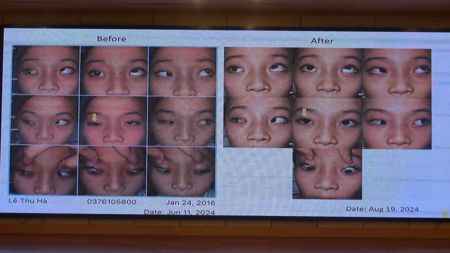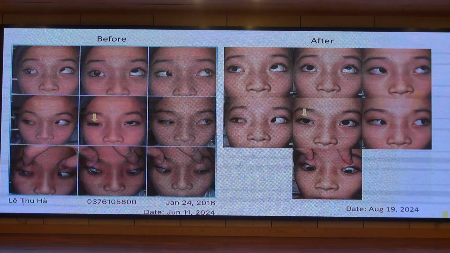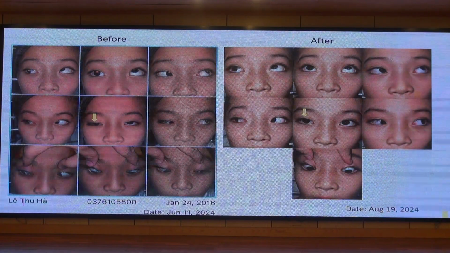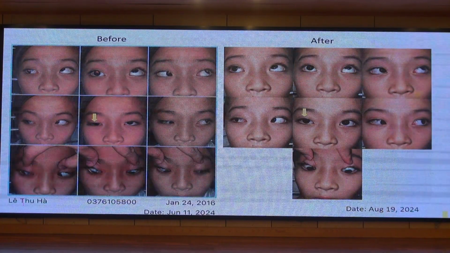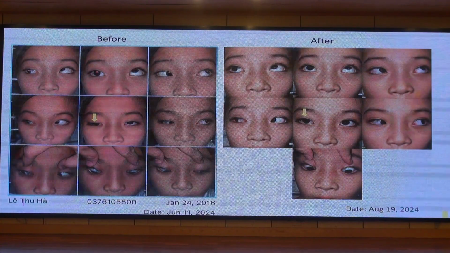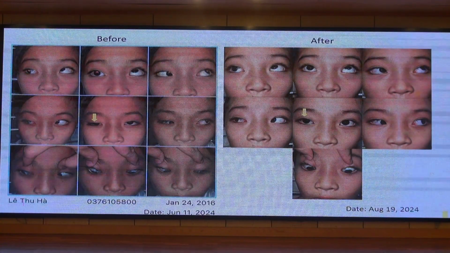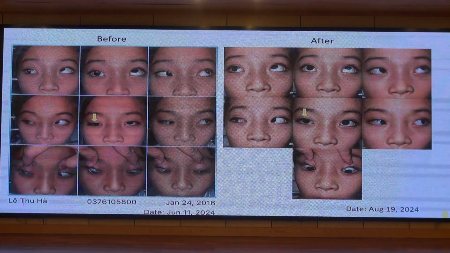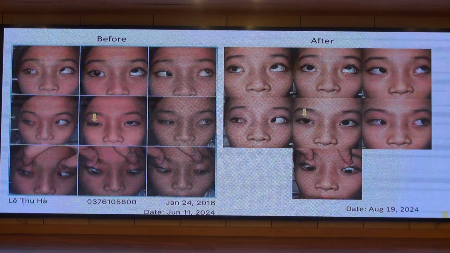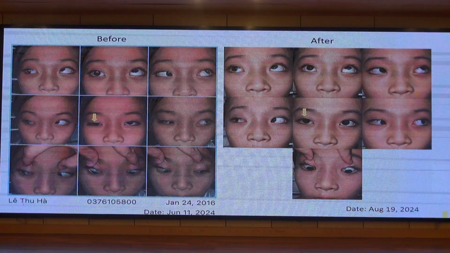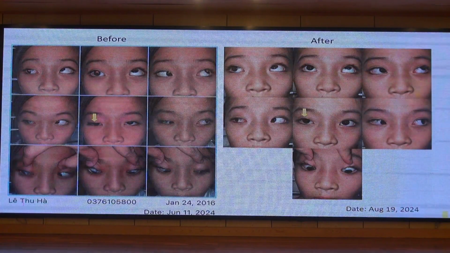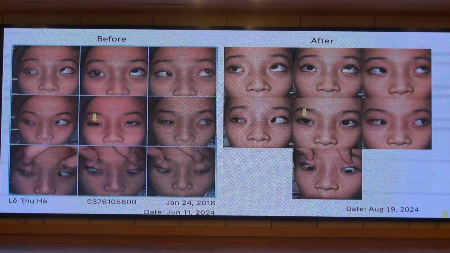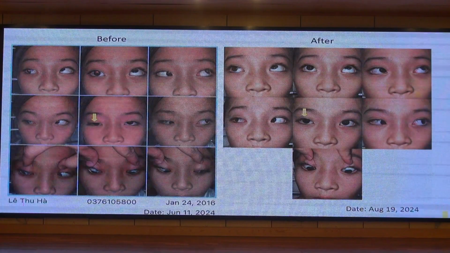She has a little limitation of elevation, and maybe we will follow her in 2 months. Maybe she will need a second surgery, but I think at the present time, after the first surgery, she has a good result at the primary position.